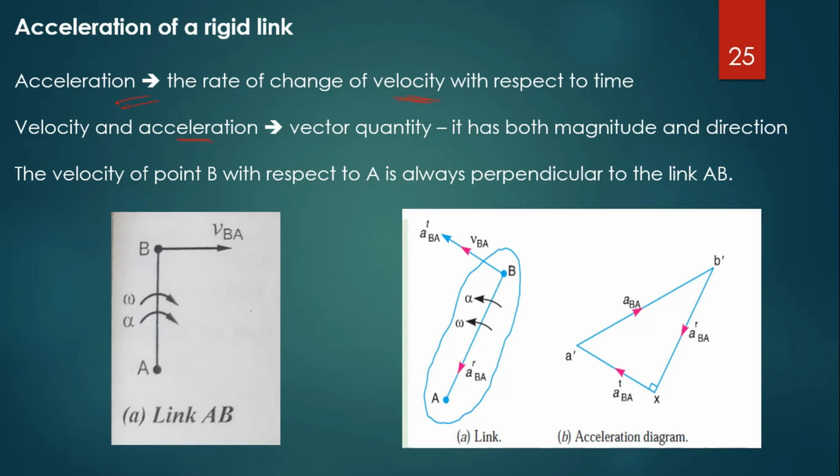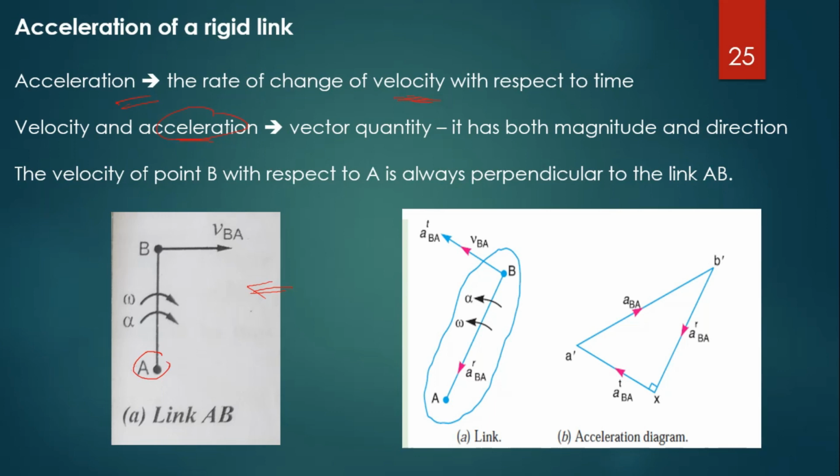We know that velocity is a vector quantity, it has both magnitude and direction, and like velocity, acceleration is also a vector quantity because it has both magnitude and direction. Now consider this figure: the link AB rotating about a fixed point A in the clockwise direction as shown.